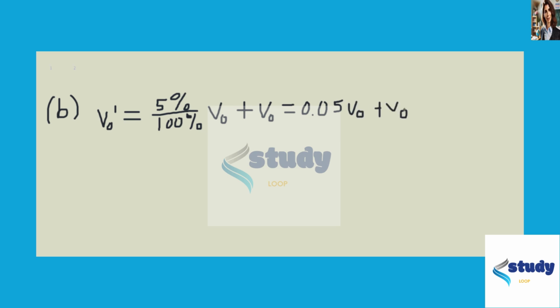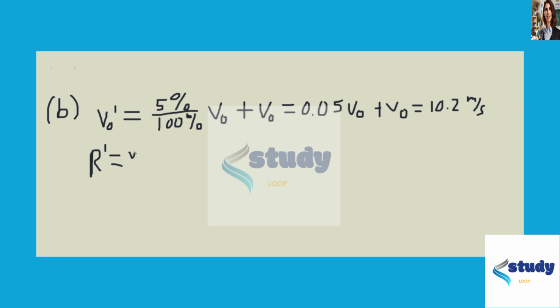Well, if you plug in V naught, which we found on the previous page to be 9.72 meters per second, you find that this is equal to 10.2 meters per second.